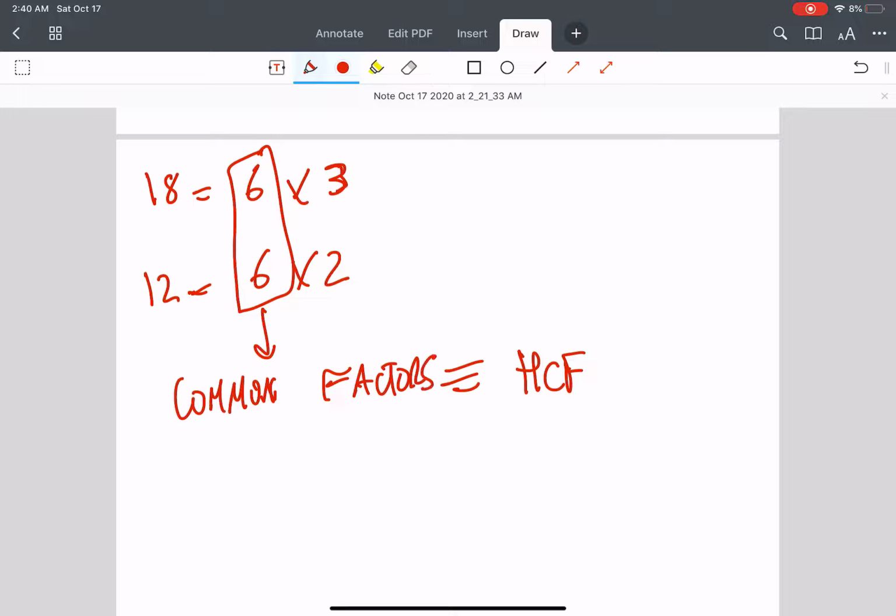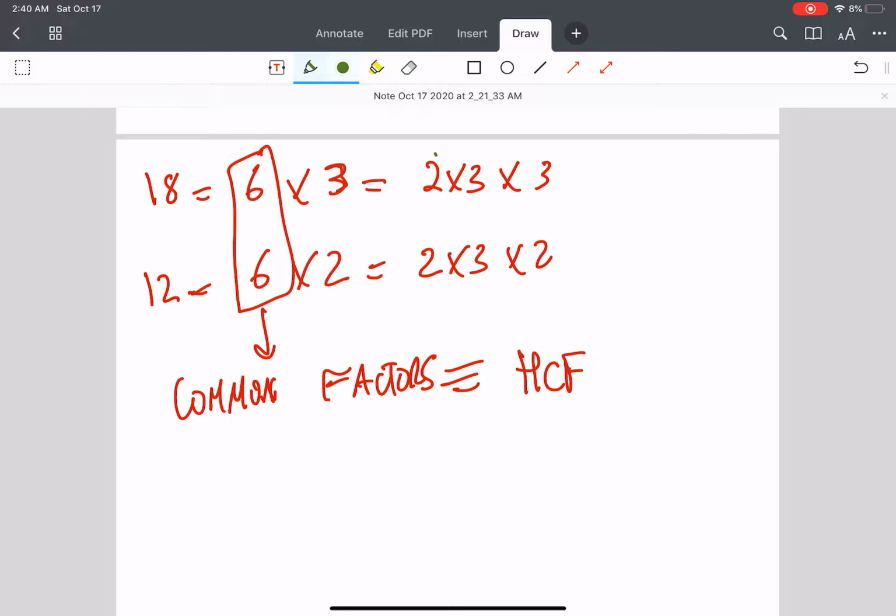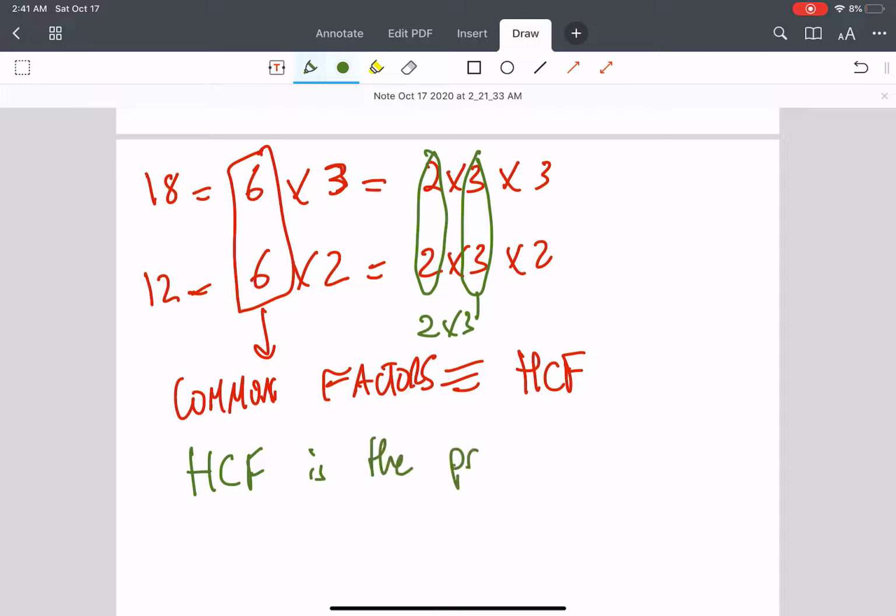Let's say common factors, because 6 times 3 is equal to 2 times 3 times 3, and 6 times 2 is 2 times 3 times 2. So the common factors are 2 and 2, and 3 and 3. So this is 2 times 3. Therefore the HCF is the product of the common factors.